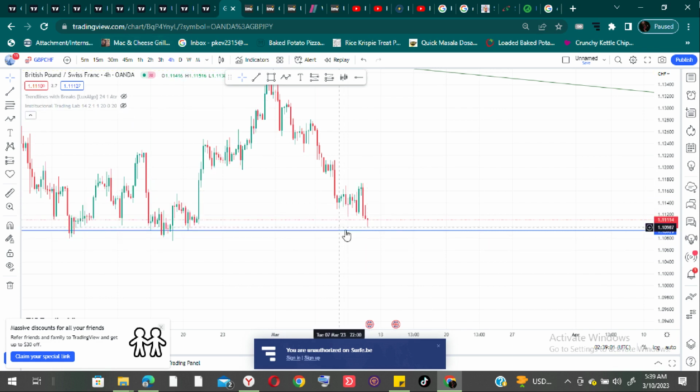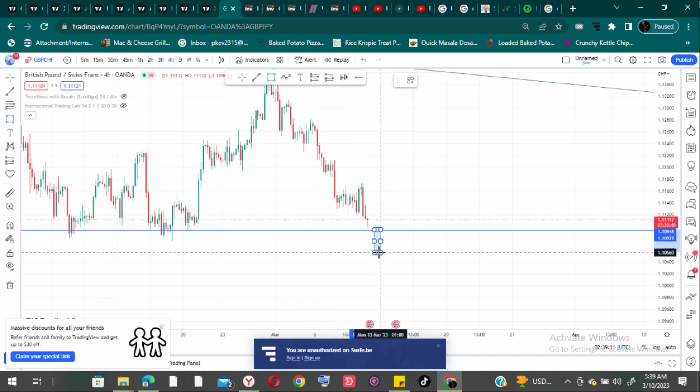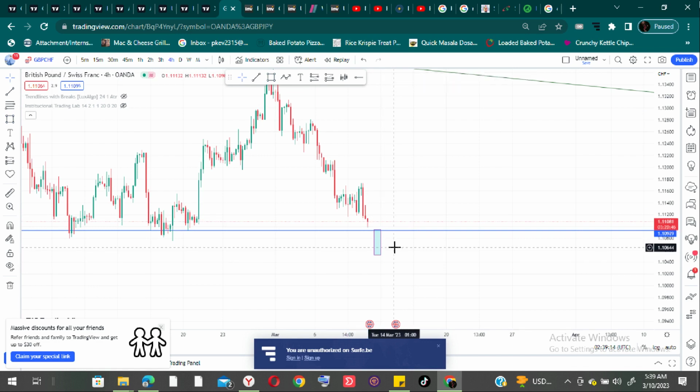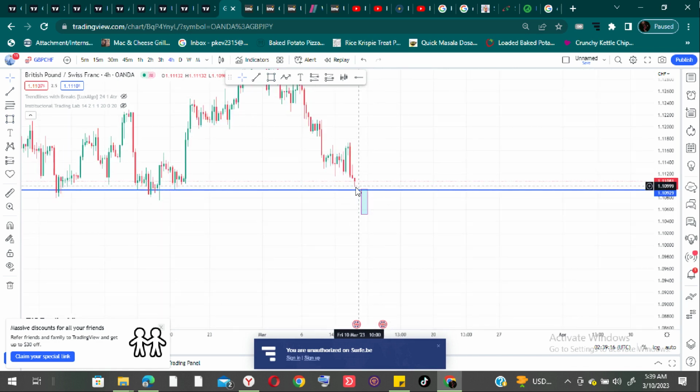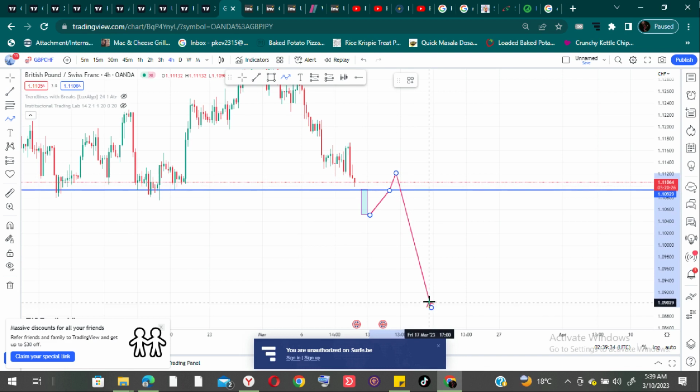So you want to be careful, or what you can do is mark a key zone, like I want to enter the market around this zone over here, and you set an alarm around this key zone. Once the market gets to that point, you can take your position, or you can use the normal selling limit or stuff like that.